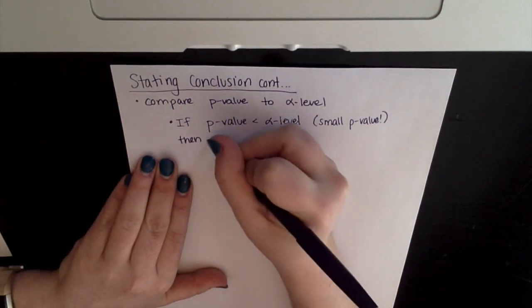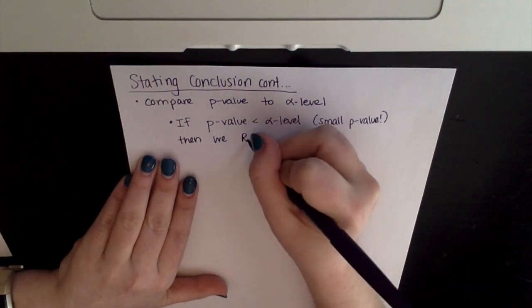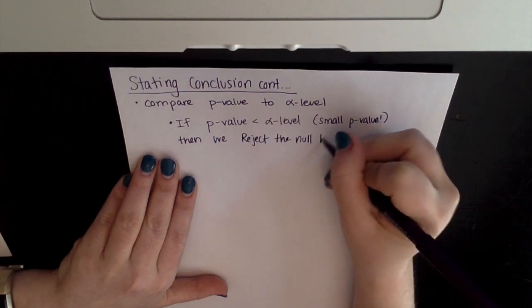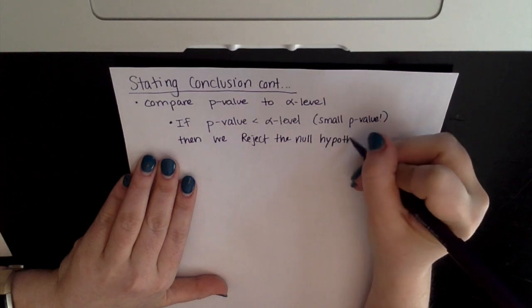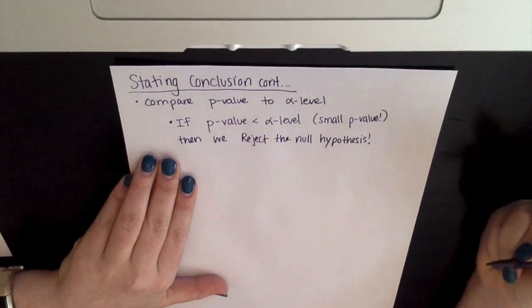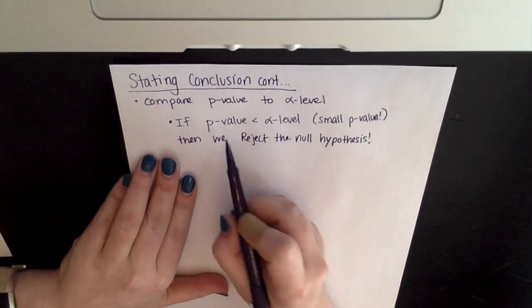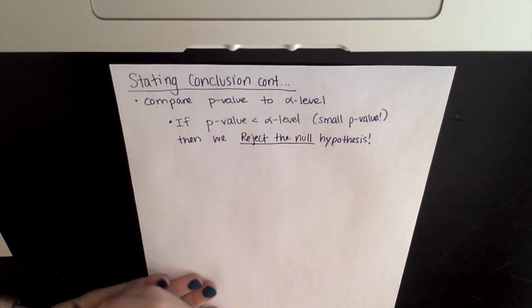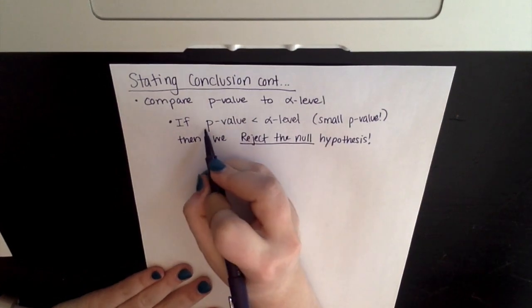Then we reject the null hypothesis, okay? So if the p-value is less than the alpha level, we get to reject the null. Okay, this is significant.